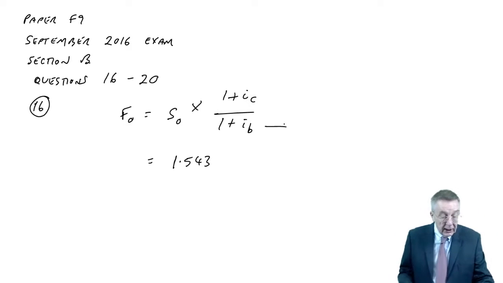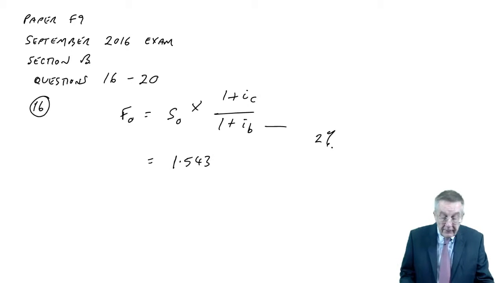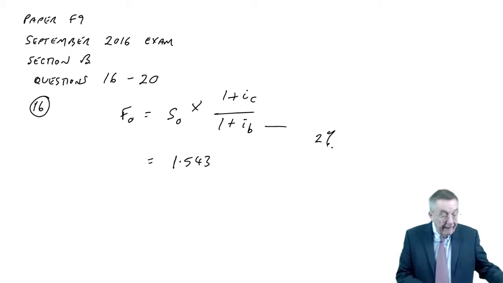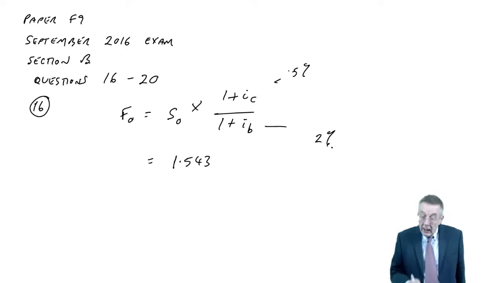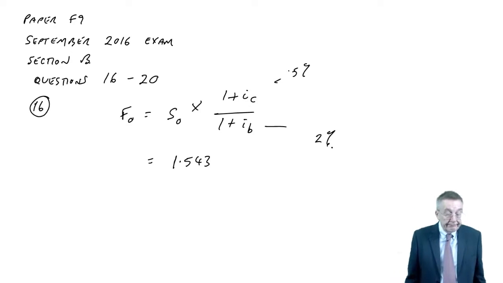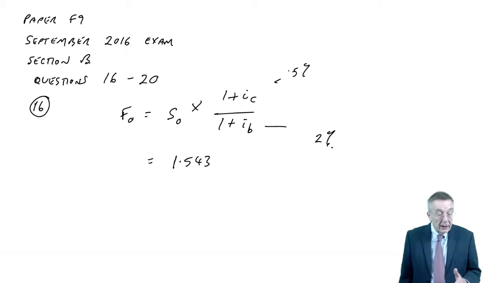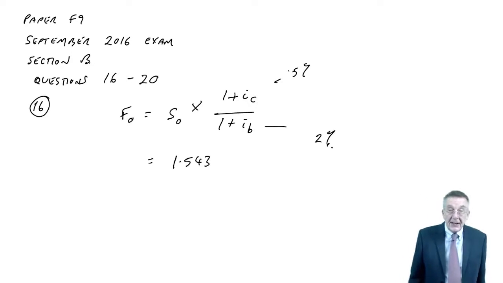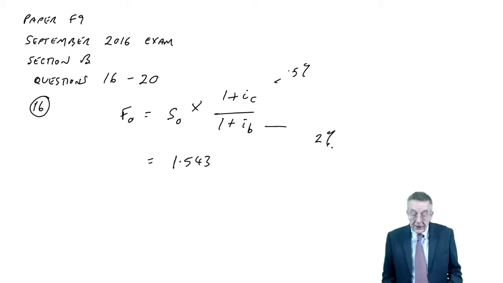Their own currency is the dollar, so it's 2% a year, whereas the other country, the euro rate, the foreign rate, is 5% a year. However, be careful of just one catch here. Those interest rates are given as yearly interest rates. We're asked for a 6-month forward rate, and so we need the 6-monthly interest.